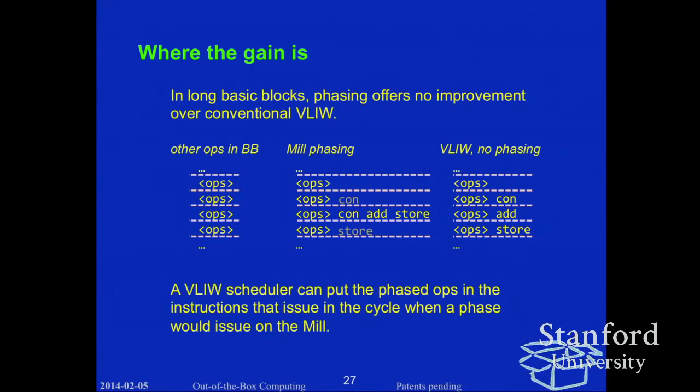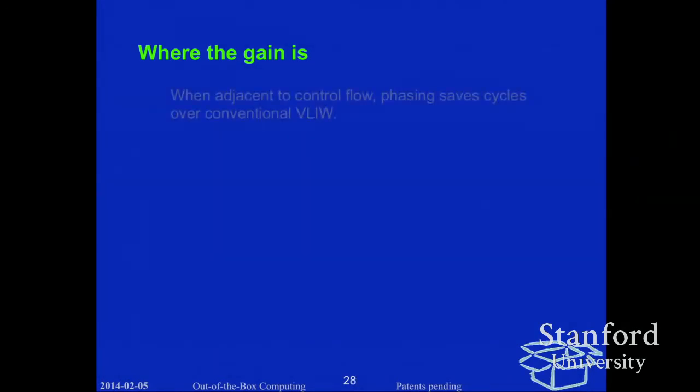If you are not in that circumstance, when you're adjacent to control flow, phasing does earn cycles over a conventional VLIW.